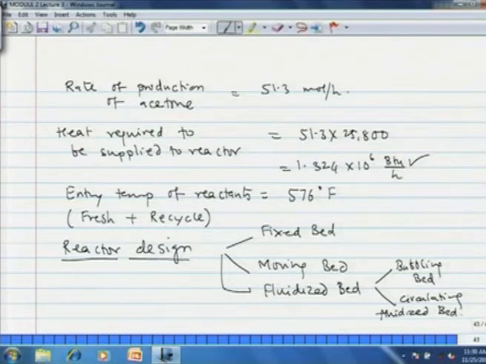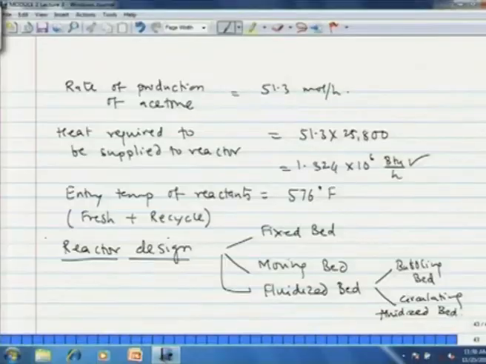However, the amount of reactant that can be processed in a single reactor is limited by the heat of reaction.